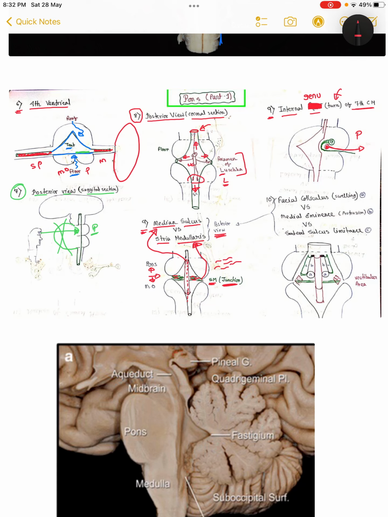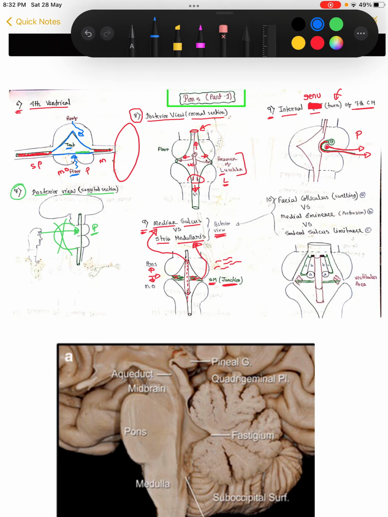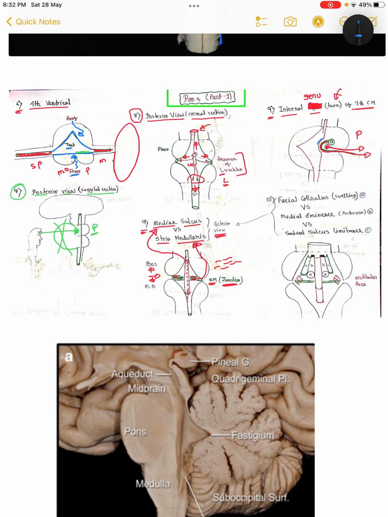But what happened to the facial nerve nucleus? The facial nerve goes posteriorly, makes a turn around the abducens nerve, then moves anteriorly. And that's why you find a protrusion or colliculus or swelling at the posterior wall of the pons, and this is known as our facial colliculus.